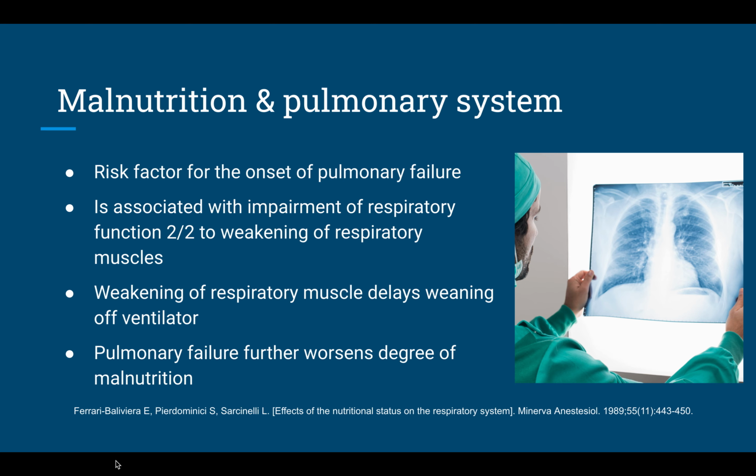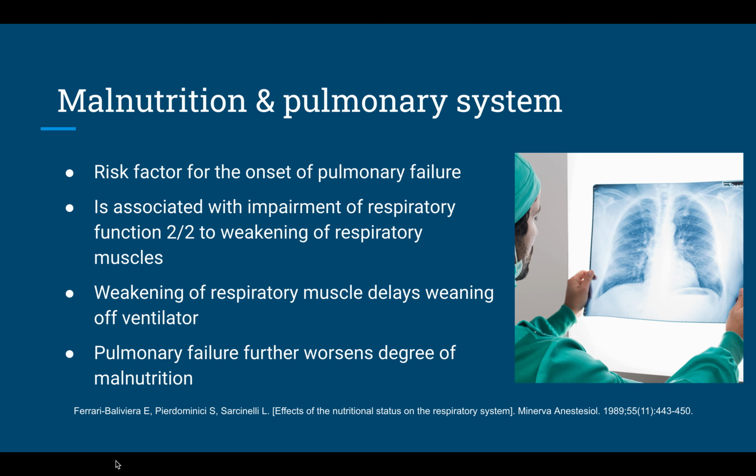Also, now that COVID has been taking over our lives for almost a year now, with malnutrition, there's an increased factor for pulmonary failure. It's also associated with impairment of respiratory function, of course, because again, our pulmonary system has a lot of muscles. We need muscles to breathe. And if our muscles are weak, then of course, there could easily be an onset of pulmonary failure.